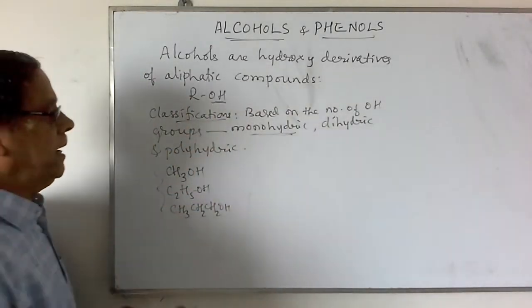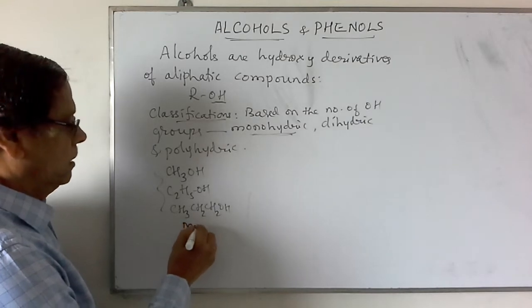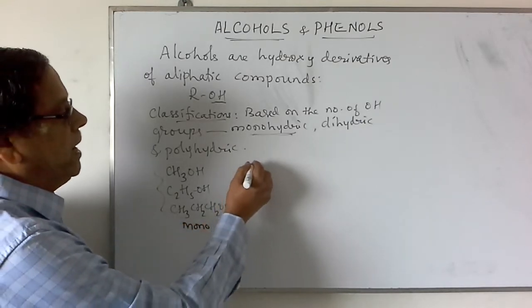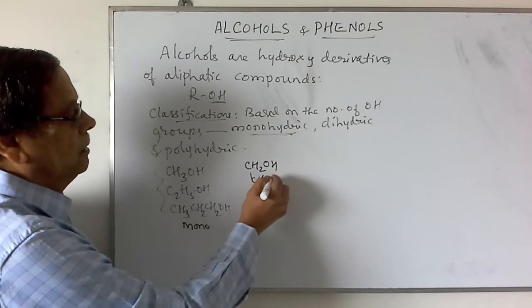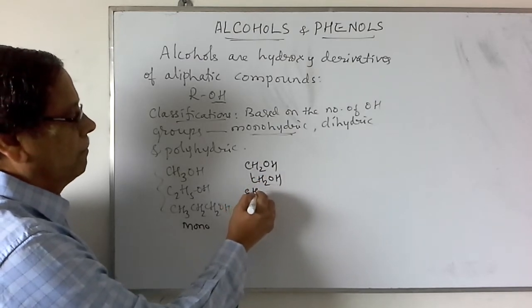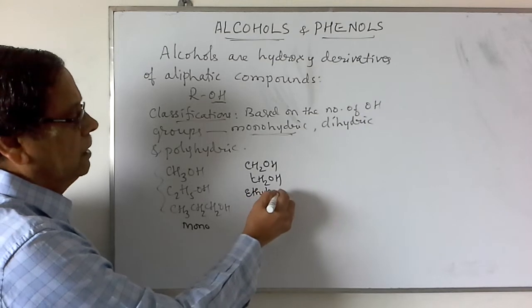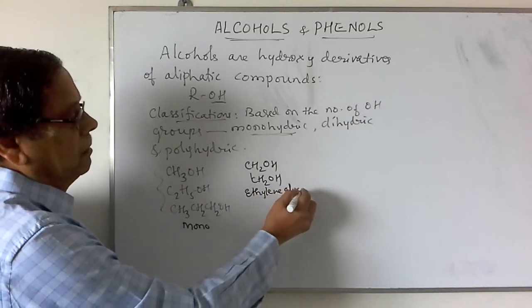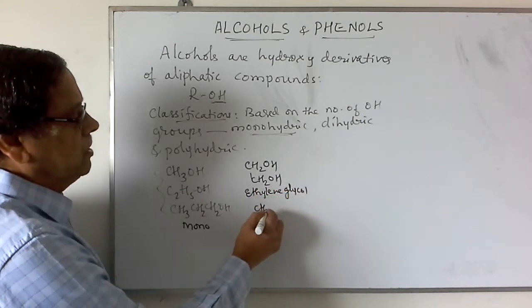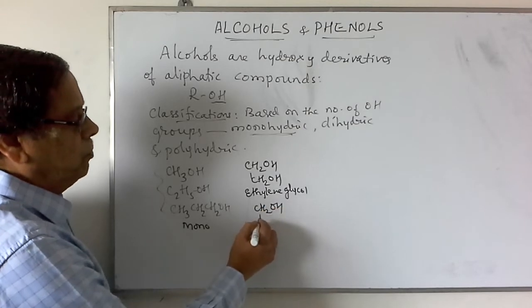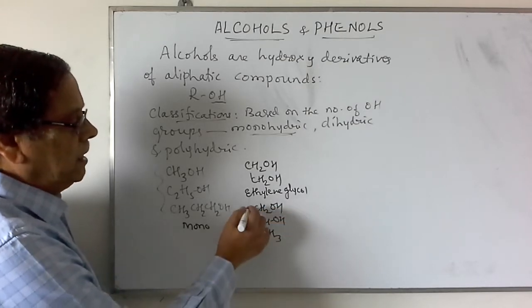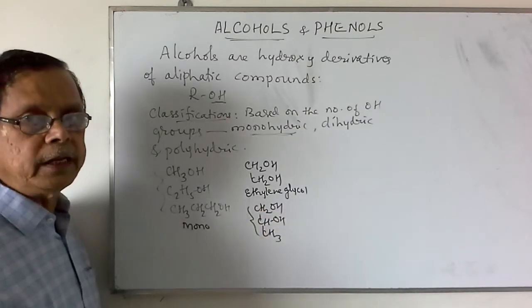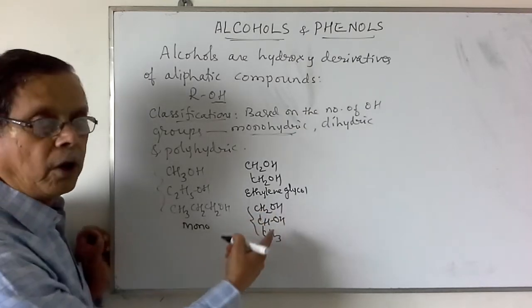Coming to the dihydric compounds, CH2OH, CH2OH, this is ethylene glycol. Similarly, we have CH2OH, CHOH, CH3. This contains a propylene group, that's why it is called propylene glycol.